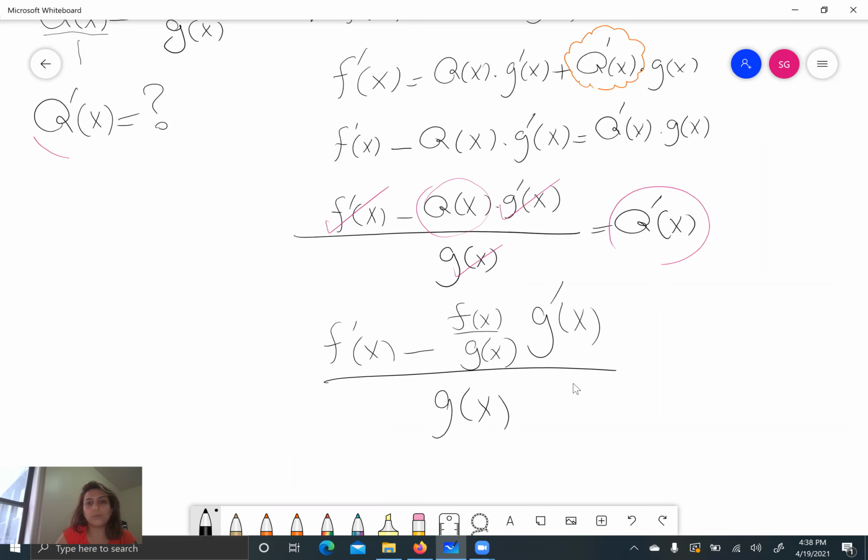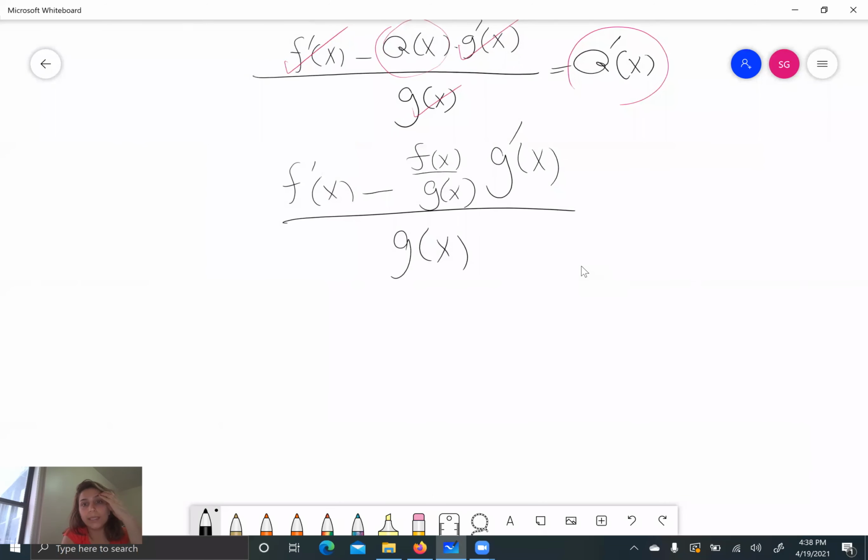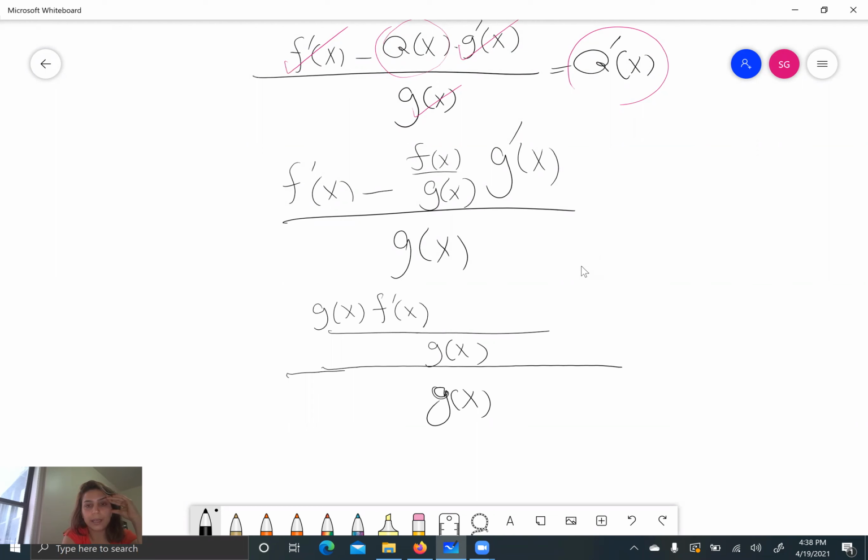So in this formula, we just substitute q of x by its definition, right? So if you take a common denominator on top, so this is the big division. And on the numerator, take the common denominator. So it's gonna be g of x times f prime of x minus f of x times g prime of x.